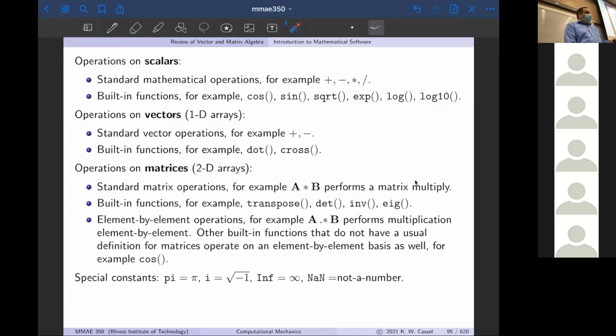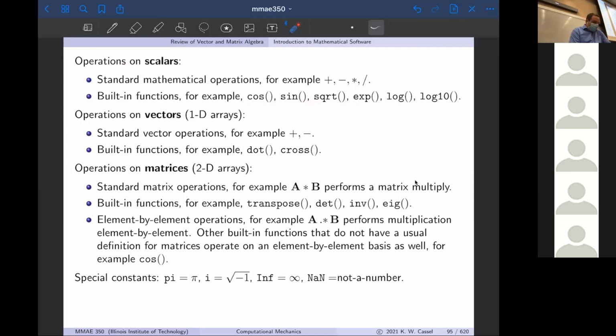In linear algebra, in these software packages, in programming, these are all arrays. So a vector is a one-dimensional array. It's an array with just one index. A matrix is a two-dimensional array. It's just an array with two indices. It's still rows and columns, so they're basically the same.